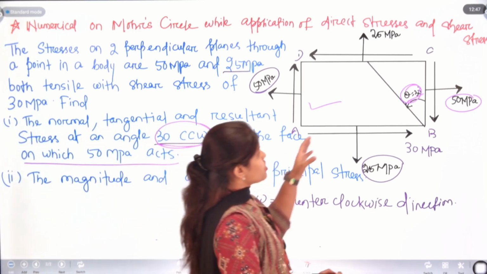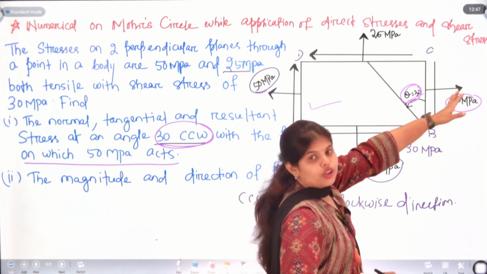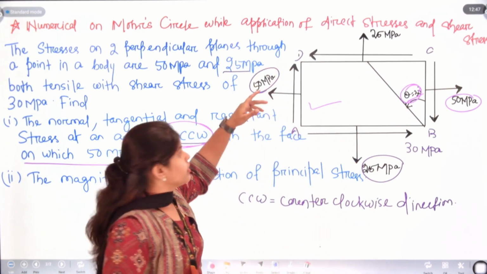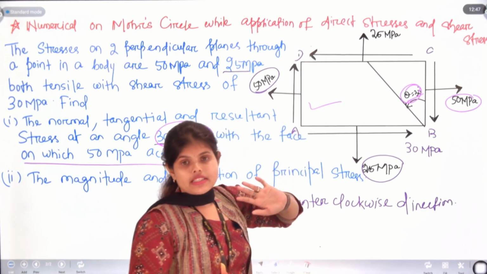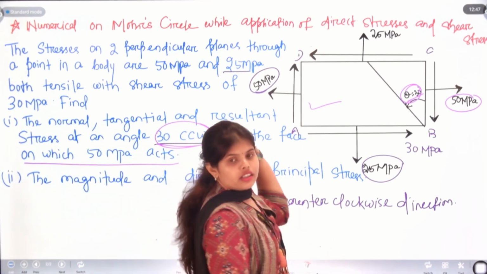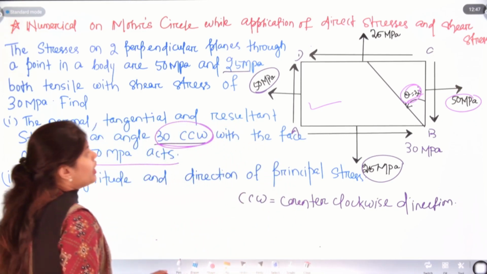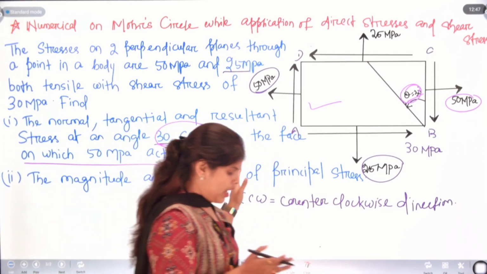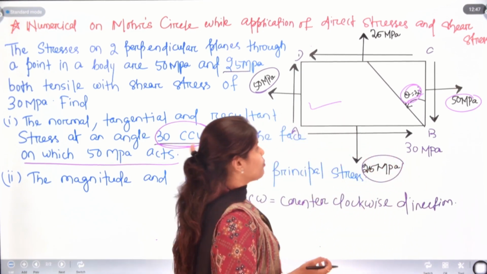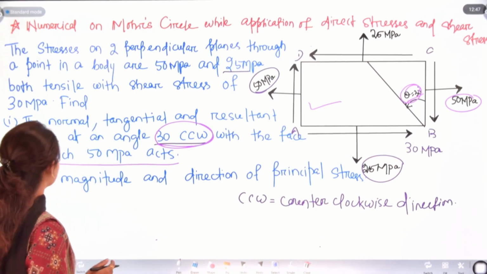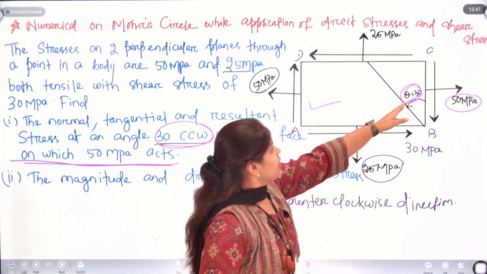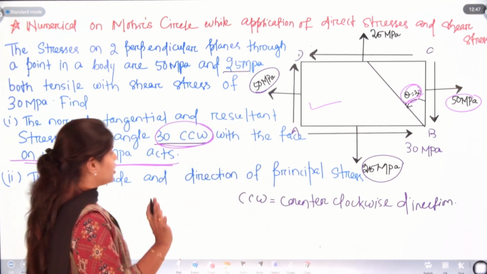You need to first draw the angle, first draw the stresses, that is tensile, compressive and all, and also it depends upon shear stress angles. So, we have already done the diagram here. In our next numerical, we have the question and we will draw the diagram on the basis of the question. So, on which 50 megapascal acts, that will be the angle. We have done this.